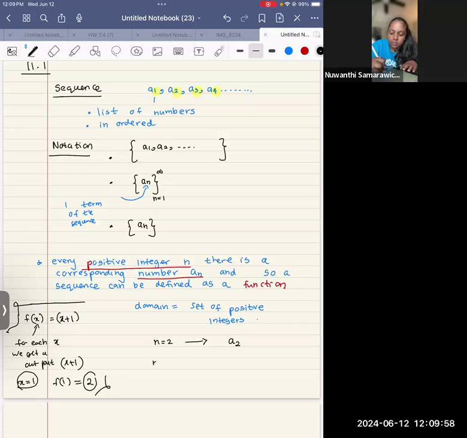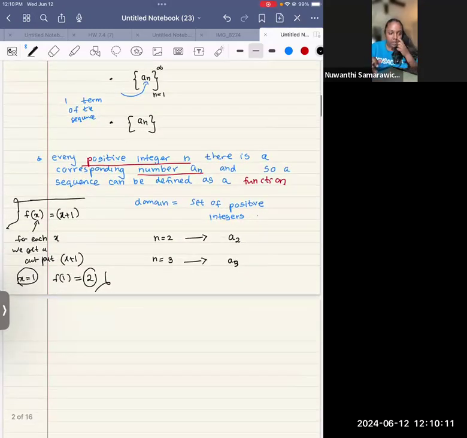If n is equal to 3, the corresponding number is a sub 3. So it is like a function.